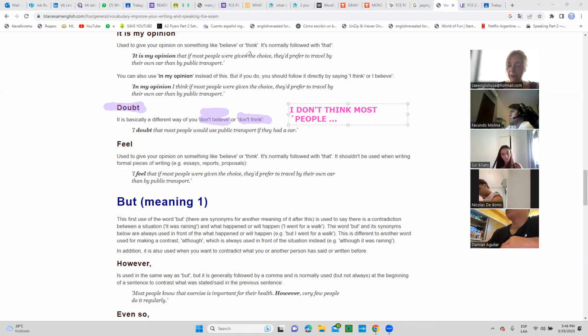Instead of saying I don't think, sorry, in an essay you're not going to use the contraction, so it would be I do not think most people. Instead of saying that, you can say I doubt. Look at how much better it is. These little things, kids, they increase your level in the writing. Just some words, some minor changes that you make. Instead of writing I do not think most people, you can write I doubt.